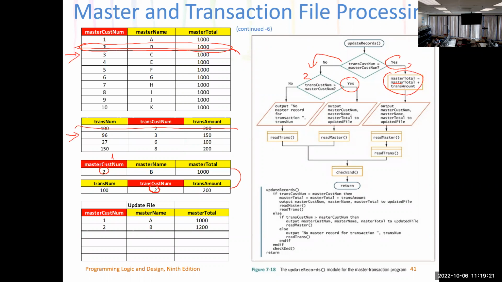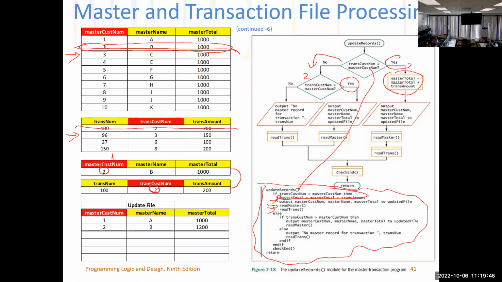Make sense? Okay. Now, again, you have to look at the pseudocode here. You have to understand the logic in order to work on the debugging exercise. Compare it here, it's the same, right? Change the master, now write into the file. Now read the next record from the master.